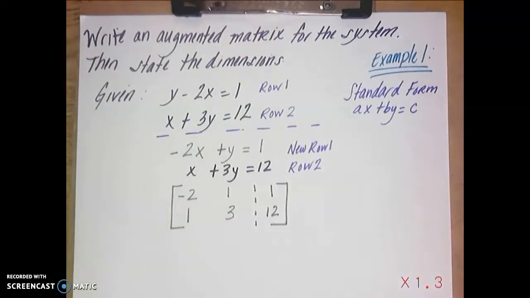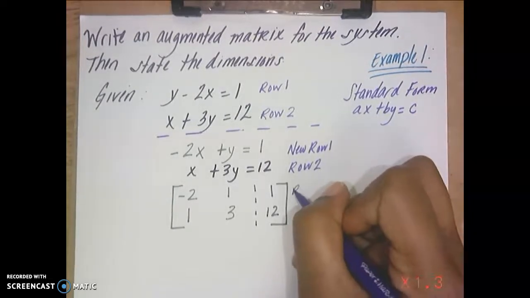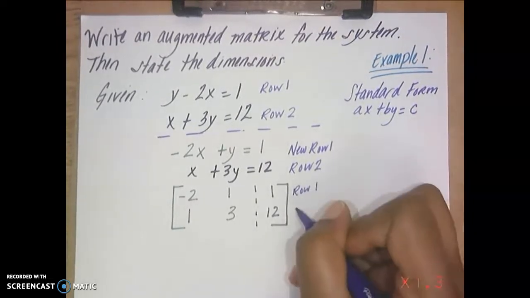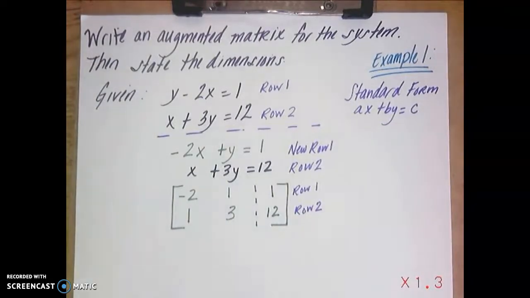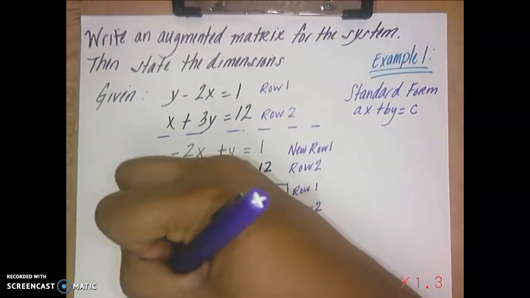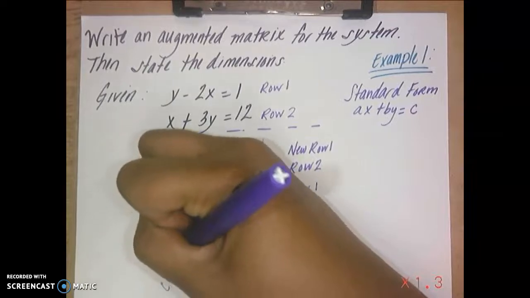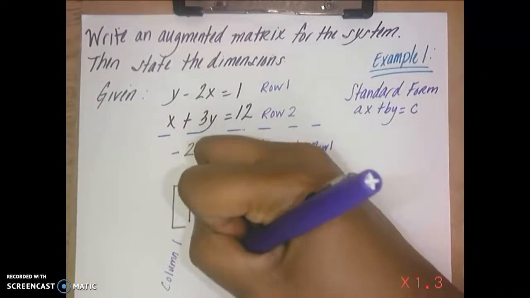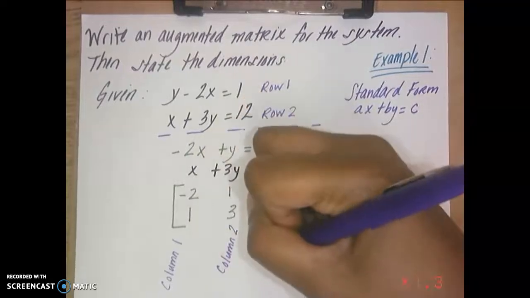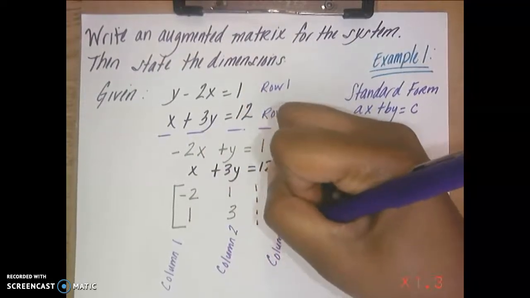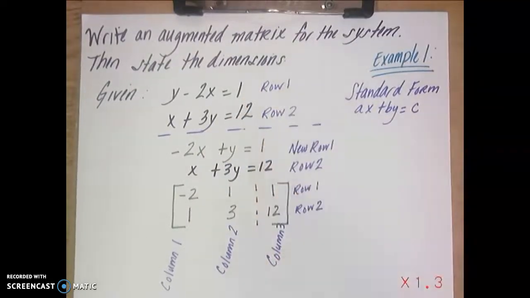So what we have here, we have row 1, row 2, and then if I turn my hand, this will be considered column 1, column 2, column 3.